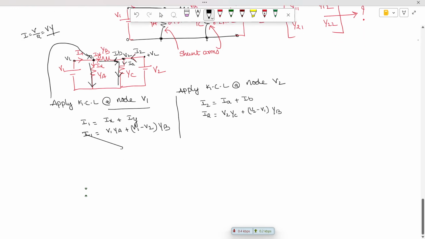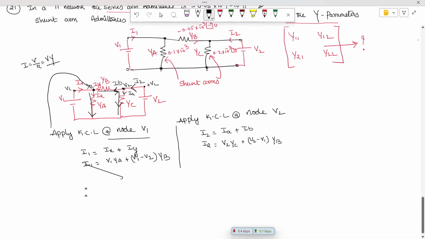Now let's arrange them in the standard format. What is this standard format? I1 and I2 are the dependent variables, and we get Y11, Y12, Y21 as well as Y22 in terms of V1 and V2.